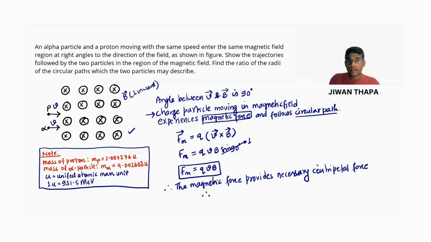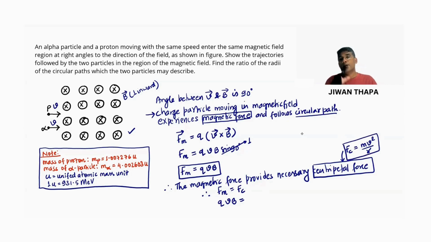Let us denote the centripetal force by Fc in magnitude. Therefore, we can write Fm equals Fc. So we have Q V B equals, and centripetal force equals M V square by R, where R is the radius of the circular path.